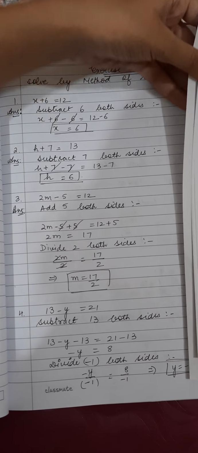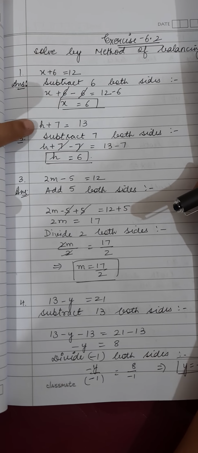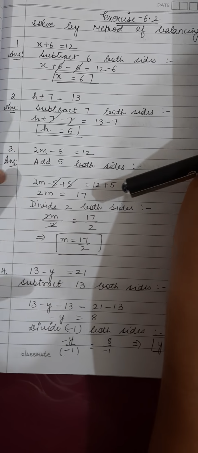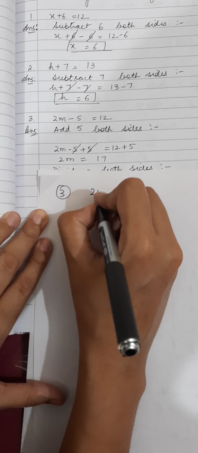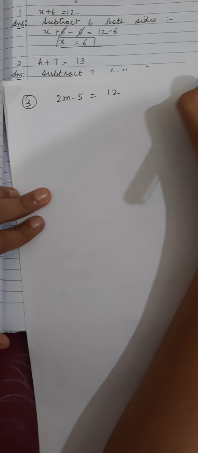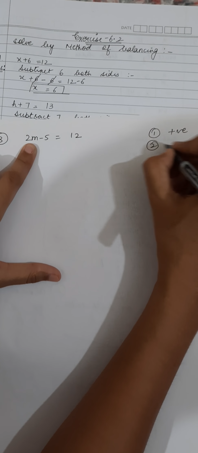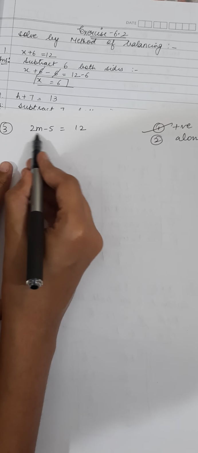Now let's move to the second part. You can try it by yourself, because only x is changed to h, otherwise the question is almost the same. Now let's move to the third part. The third part is 2m minus 5 is equal to 12. Again I want this variable m to be positive and the second thing, to be alone. Now this is positive but not alone, so I have to make it alone. How?